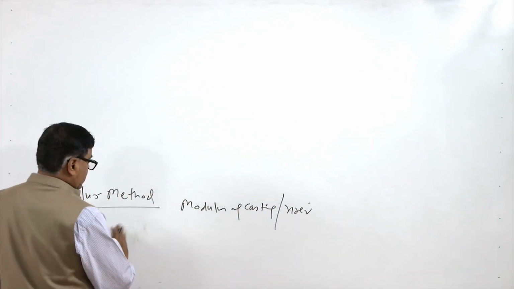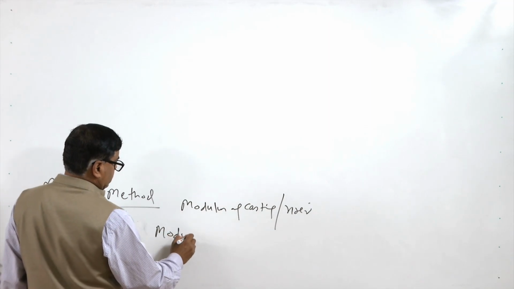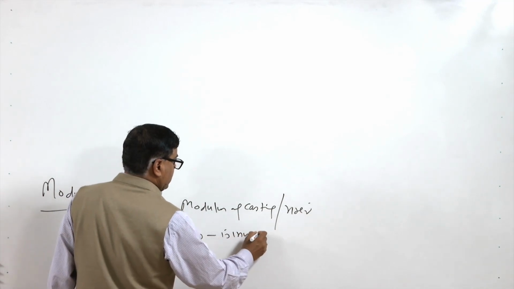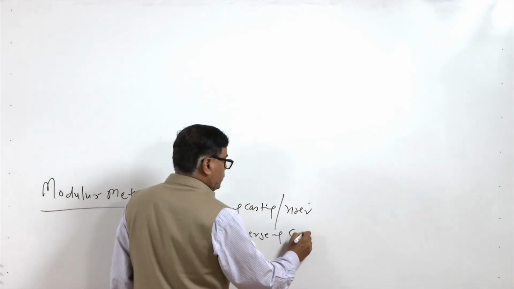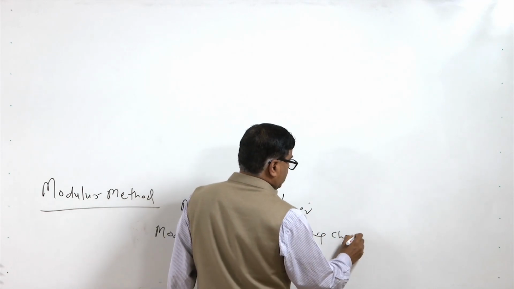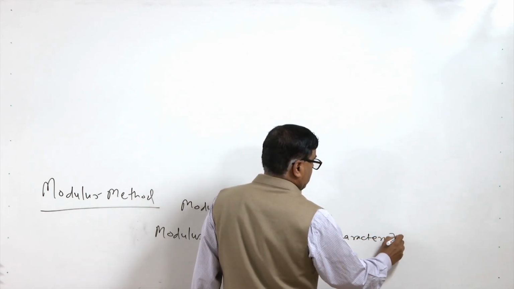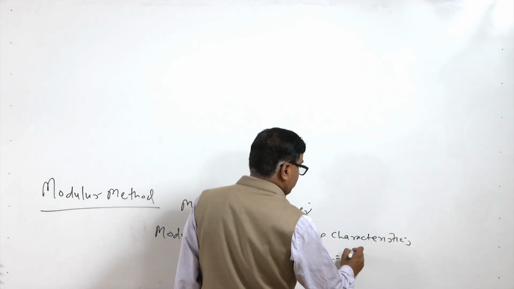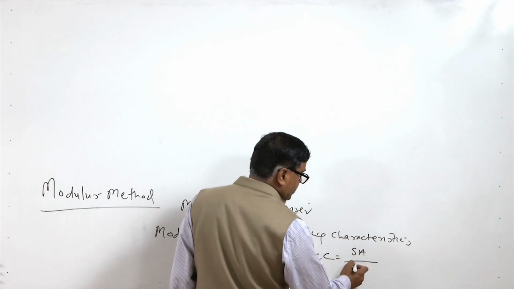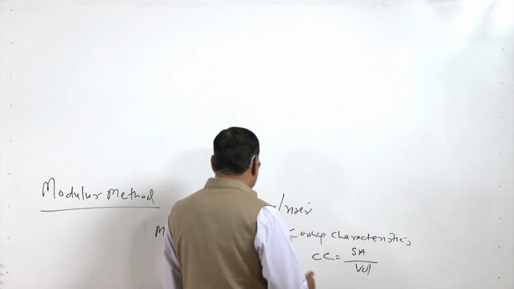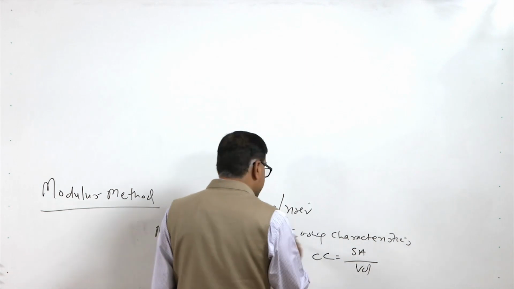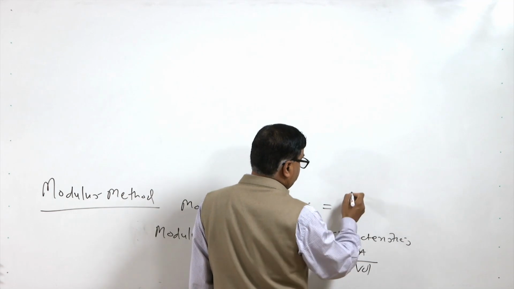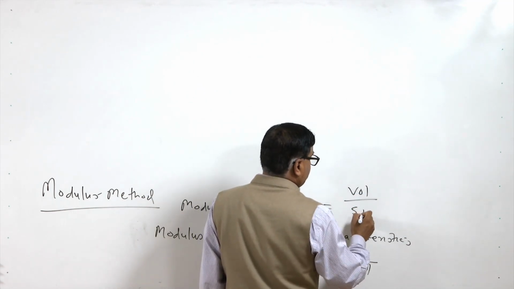The modulus is the inverse of the cooling characteristics. We have defined cooling characteristics as a ratio of the surface area to the volume. So, the modulus is the inverse of the cooling characteristics, meaning the modulus of the casting or the modulus of the riser will be the volume to the surface area.